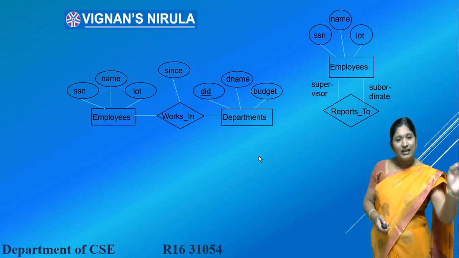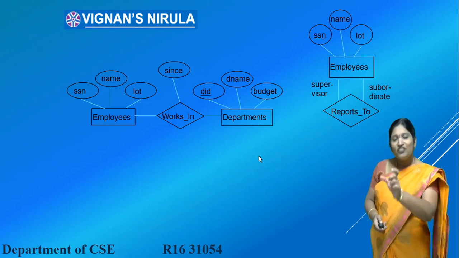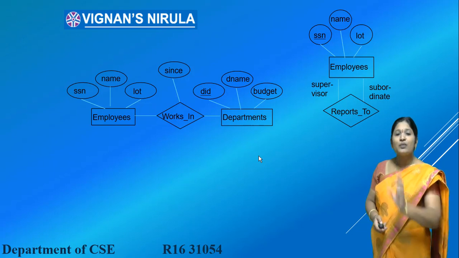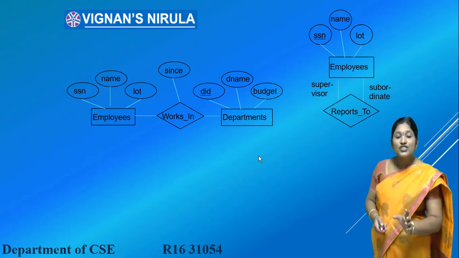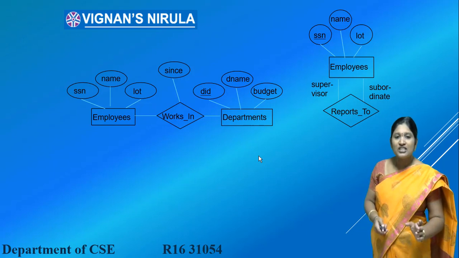E1, an entity in the employee set, is related to D1, an entity in the department set, by means of a relationship that is working in. An employee is working in a particular department. Another employee in the employee set is working in another department.